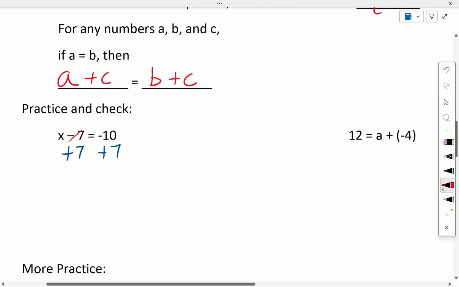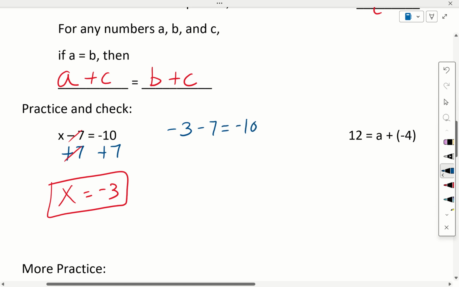Negative 7 plus 7 is 0. That is eliminated, and we get x equals negative 10 plus 7, which is negative 3. So x equals negative 3. Let's now take a moment and check that. Negative 3 minus 7 is in fact equal to negative 10, so it checks out.